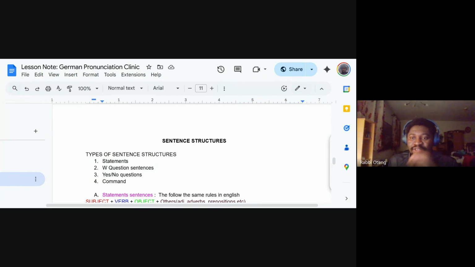I said to always pay attention to the W questions, there are seven, but especially wer, was, and welche. You have to pay attention to them because even though they start the sentence, sometimes they are the direct objects. So you have to pay attention to the cases.